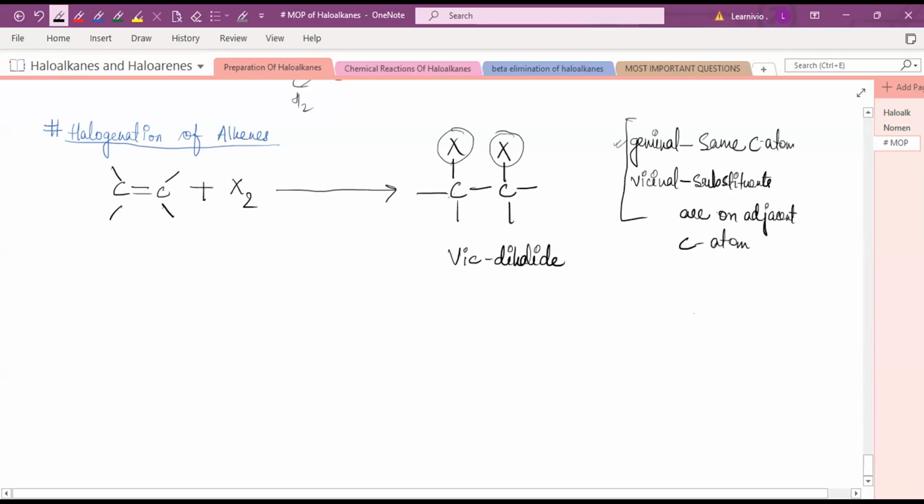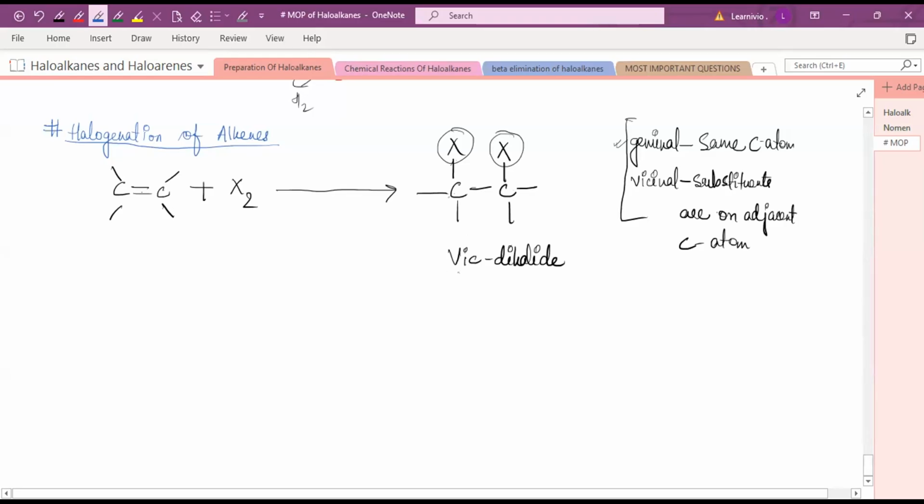For example, on this same carbon atom, if two halides are present, we call it a geminal dihalide or gem dihalide. Got it? Yes. So the halogenation of alkenes gives you vicinal dihalide.